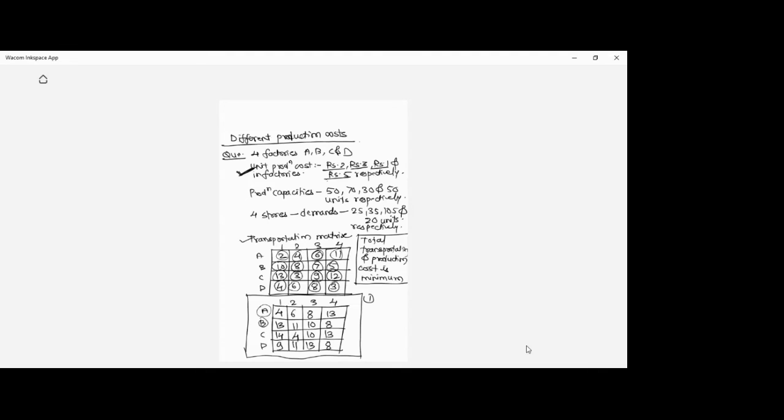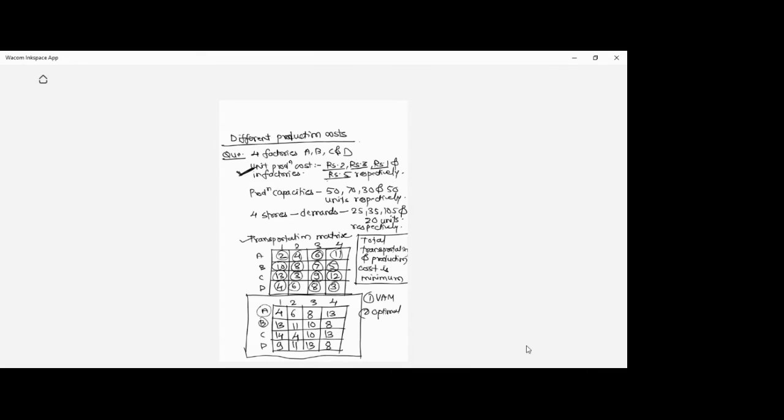The next steps will be getting a VAM solution, that is the initial basic feasible solution, and lastly the optimal solution after checking optimality by either the stepping stone method or the UV method. I'm hoping you have understood how to solve this numerical.